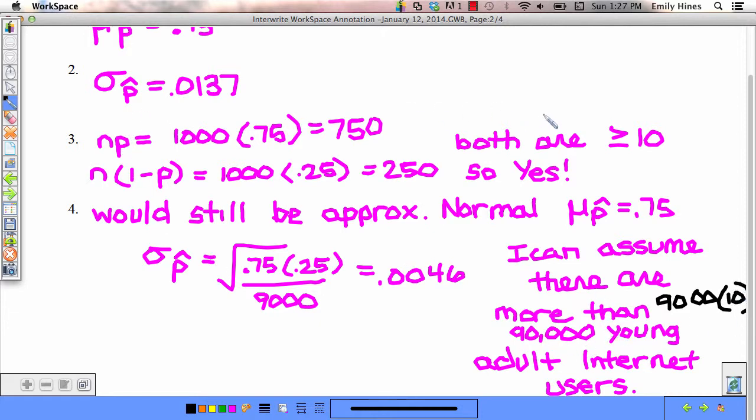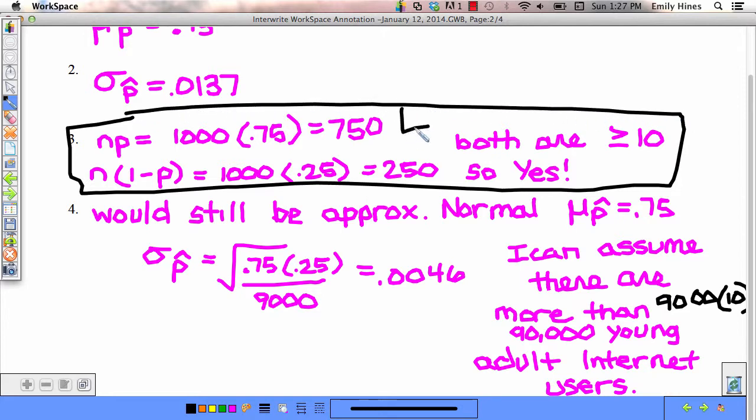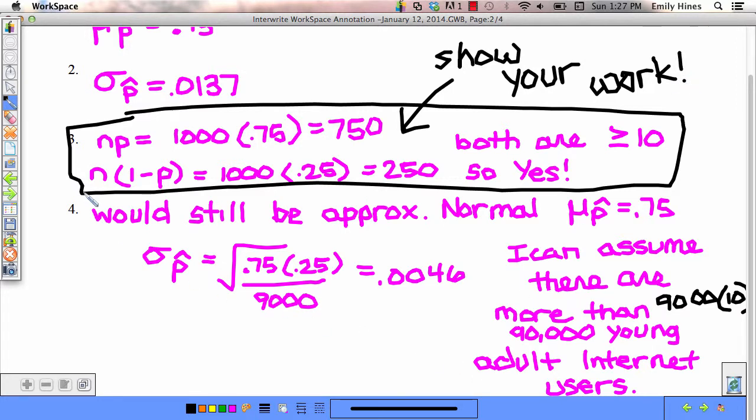And whenever they ask you to talk about whether or not the sampling distribution of p-hat can be considered normal, show your work. Always, always, always, if there is work to show, please show it in order to make sure that you get full credit. I cannot stress that enough.